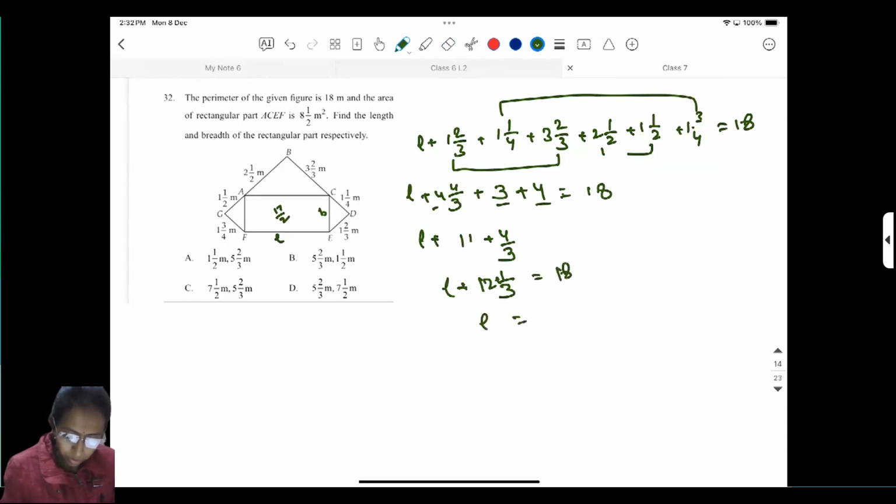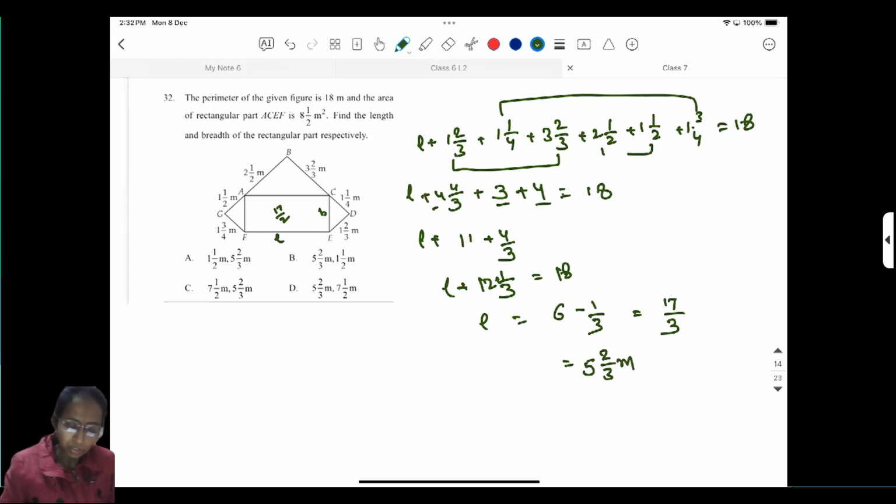So L is equal to 6 minus 1 by 3, 17 by 3 is the L. When you convert it into an improper fraction, you will have 5 2 by 3 meters as your length.